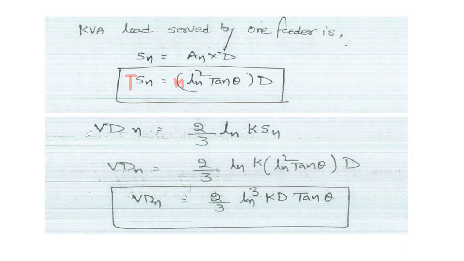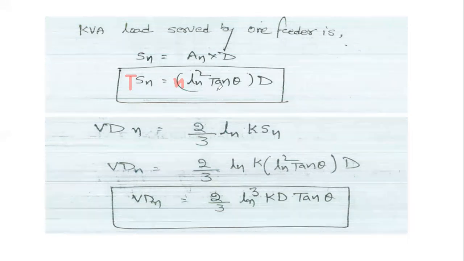Next, we calculate the voltage drop VDN, equal to 2 by 3 ln into K into Sn, where K is the constant. What is Sn?